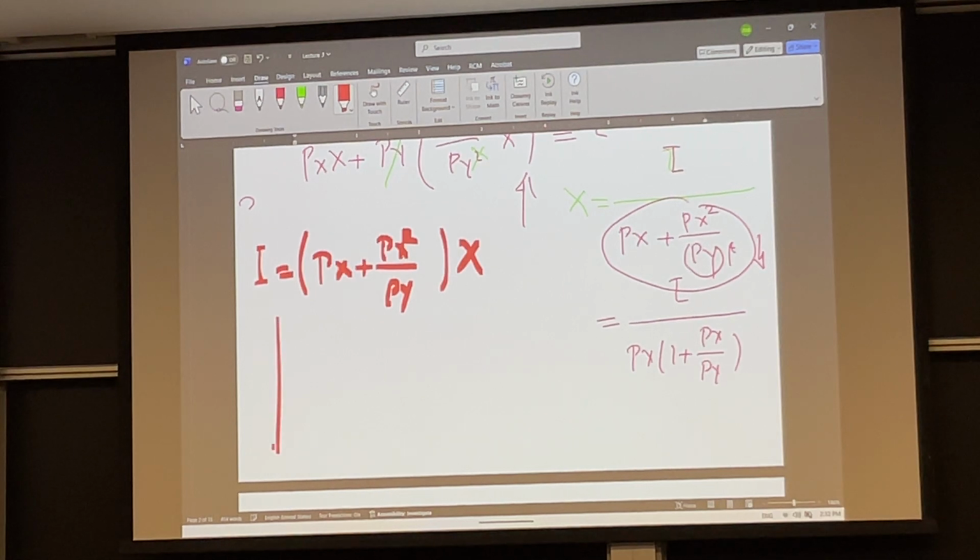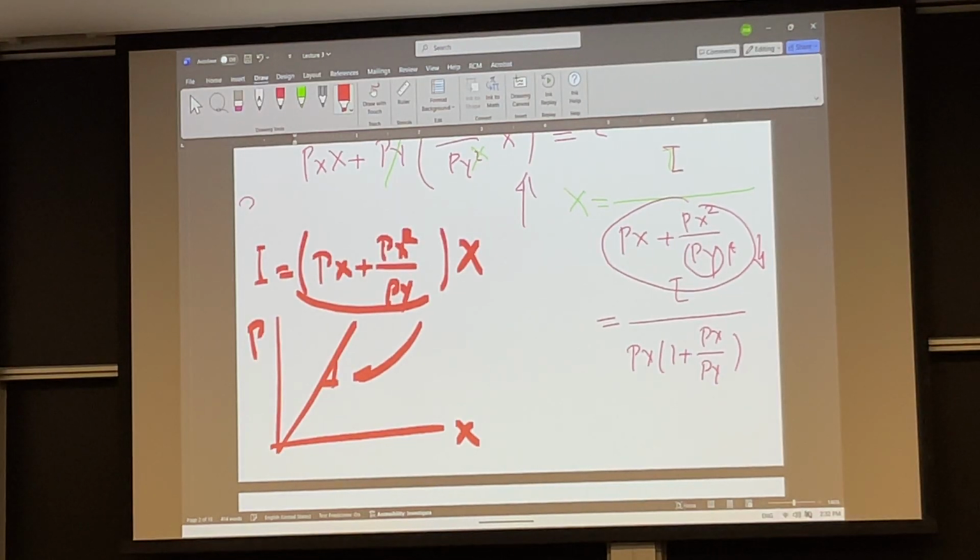Again, it would be a straight line with constant slope. But the slope always depends on the price of Y as well. It doesn't depend on the price of X only, it depends on the price of Y as well. But it's a straight line, so you still get the same thing. You spend proportionally the same money on X and Y if you're characterized by CES.